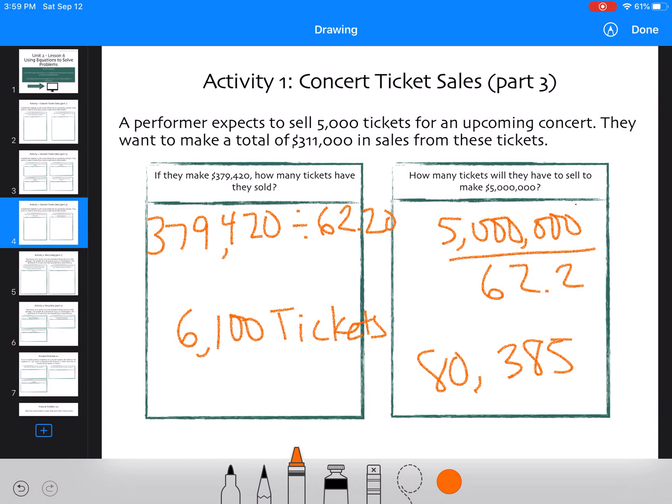Even though it's 80,385.85 when I get my answer, I have to round down because I can't sell a partial ticket, and I won't have made enough money.